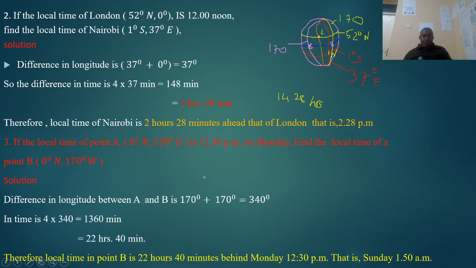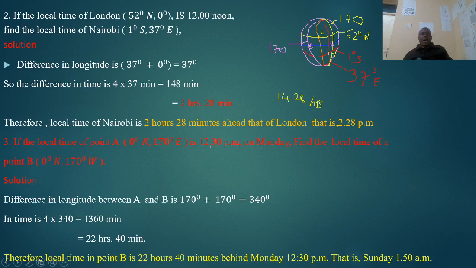Now you go behind by 22 hours and 40 minutes. If I come here to 12:30 and take away 12 hours and 30 minutes, I will remain with 10 hours and 10 minutes. This was PM on Monday. If I go back 12 hours and 30 minutes, I will have 00:00.